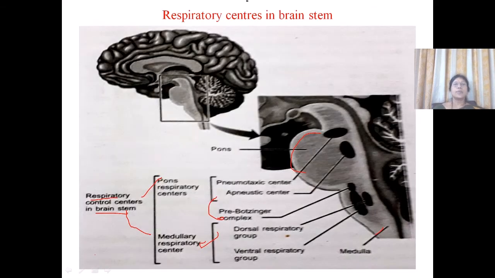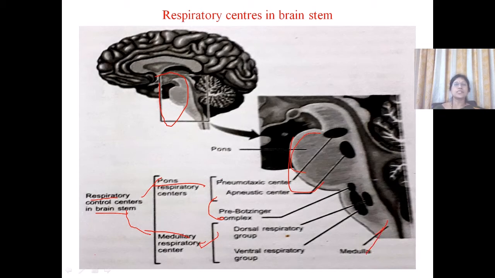So this image shows the respiratory centers in the brainstem. This is a respiratory center, and it is of two types: Pons respiratory center and medullary respiratory center. This is the pons and this is the medulla.